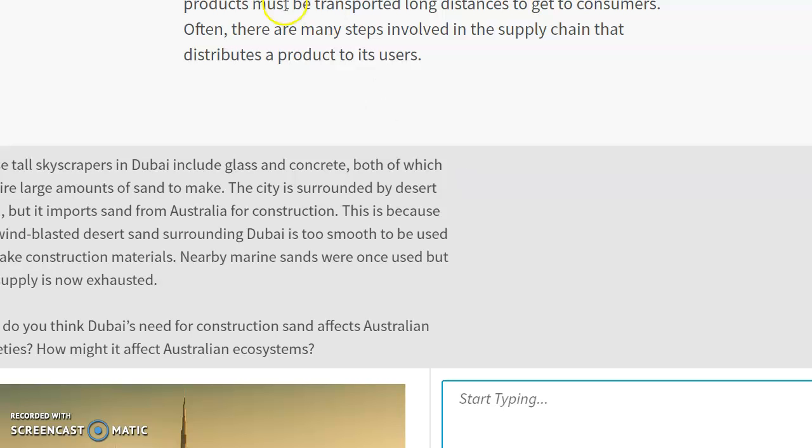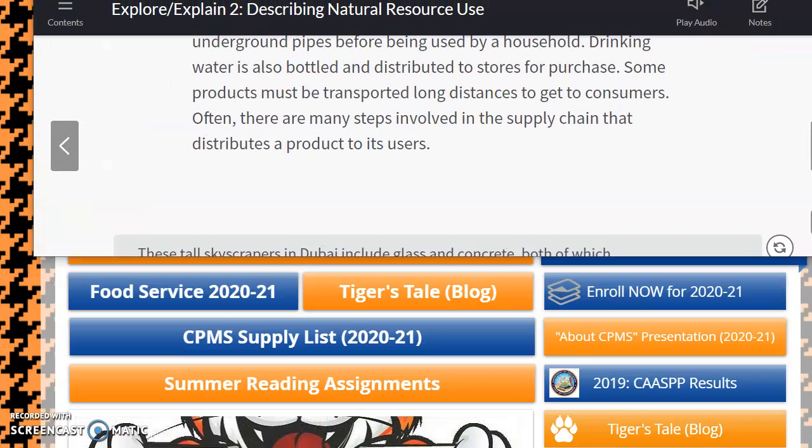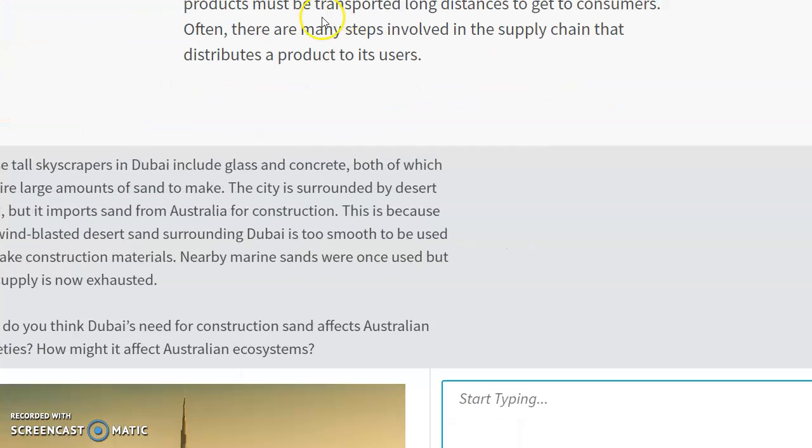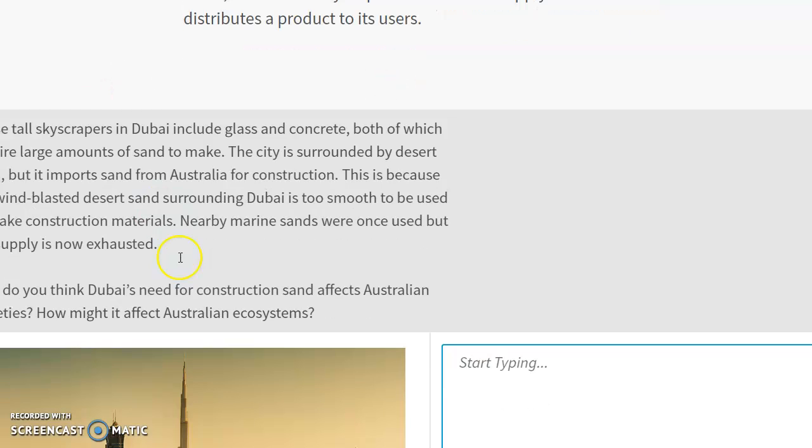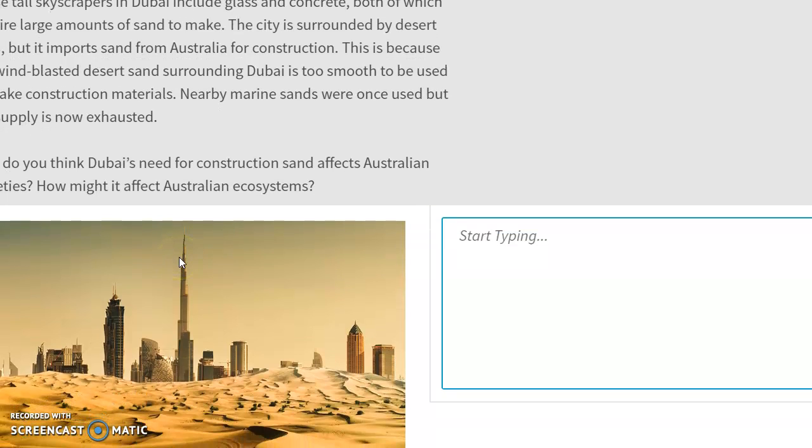So now it's talking about the big skyscrapers. They're super large skyscrapers that actually work in Dubai. And if you've ever seen them, they're both glass and concrete, and they need a lot of sand. So they've used up all of the sand to make those skyscrapers.